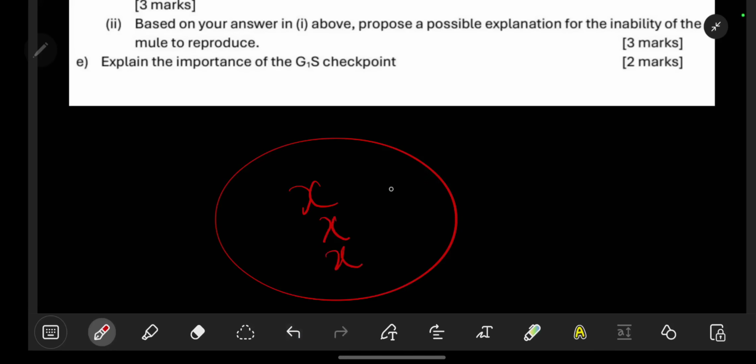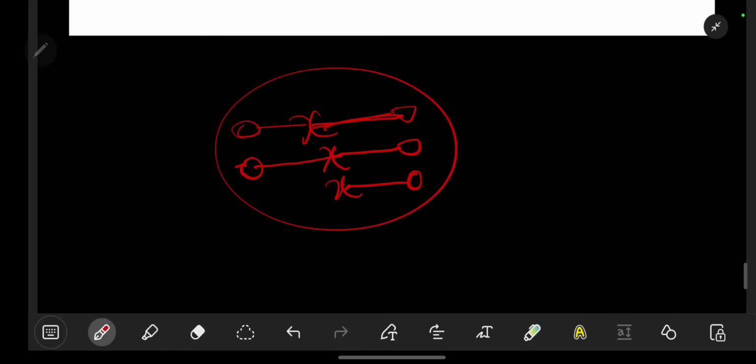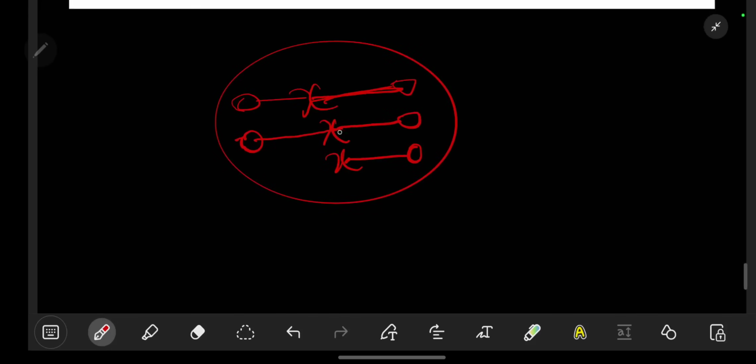Now, if the spindle checkpoint is dysfunctional, meaning it's not working properly, this could happen. The problem with this is that chromosomes will be split.